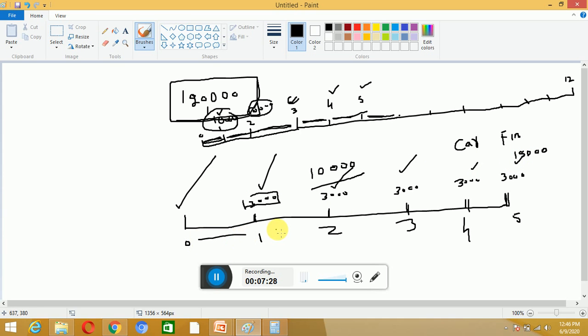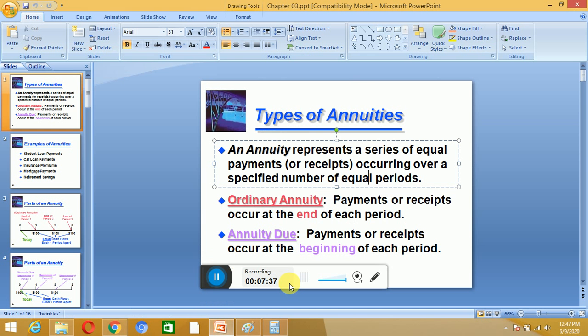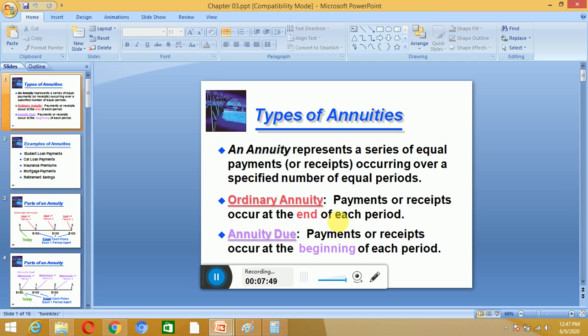See, 1 year, 1 year, 1 year, 1 and 1. So equal payments after a specified number of equal periods. We call this type of receipt or payment an annuity.